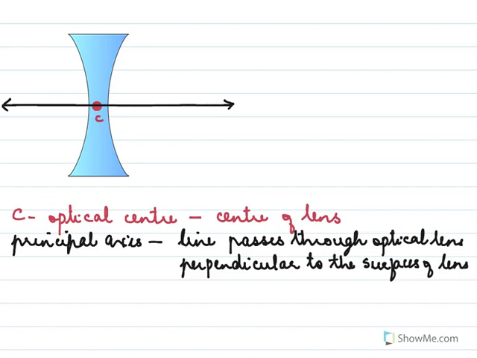Now again here too we will define the focus. To define the focus, you always take rays that are parallel to the principal axis. So these are rays that are parallel to the principal axis. Now this concave lens behaves in a different manner. The rays that are parallel, after refraction, they diverge.